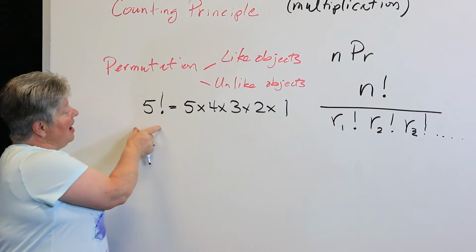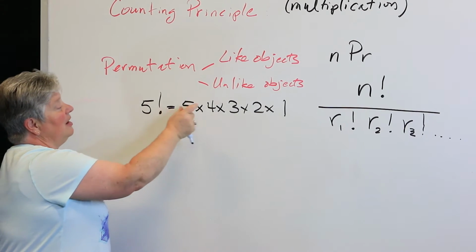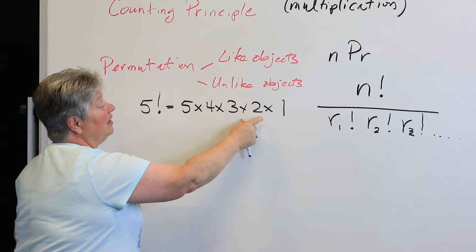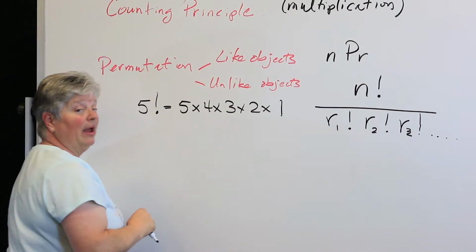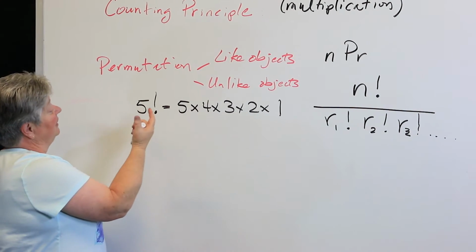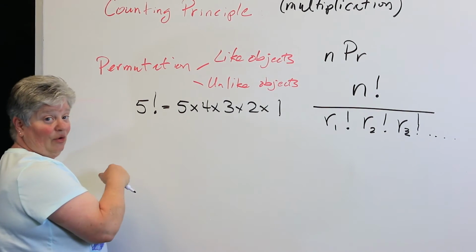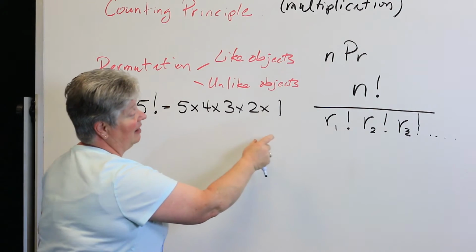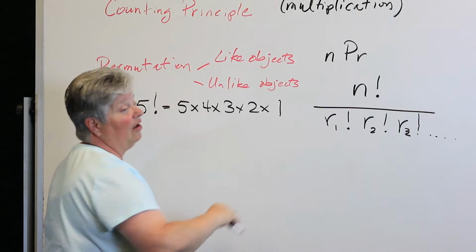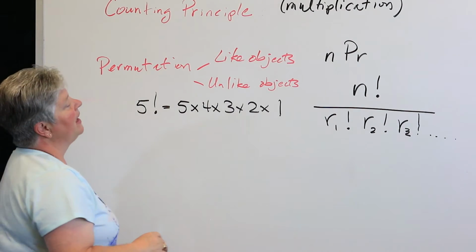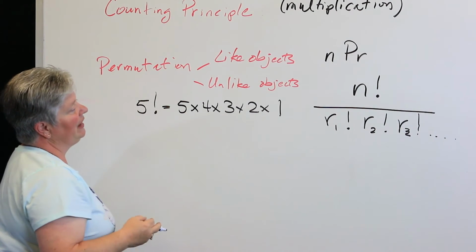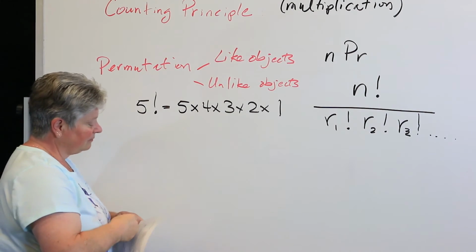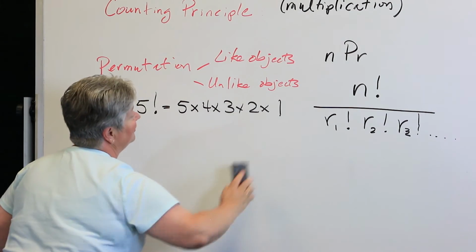So it's that number times all the subsequently lower numbers till we get to 1. So if I have 200 factorial, it's 200 times 199 times 198 times 197 all the way to 1. Okay? And so that's really what we're looking at with our n factorial.